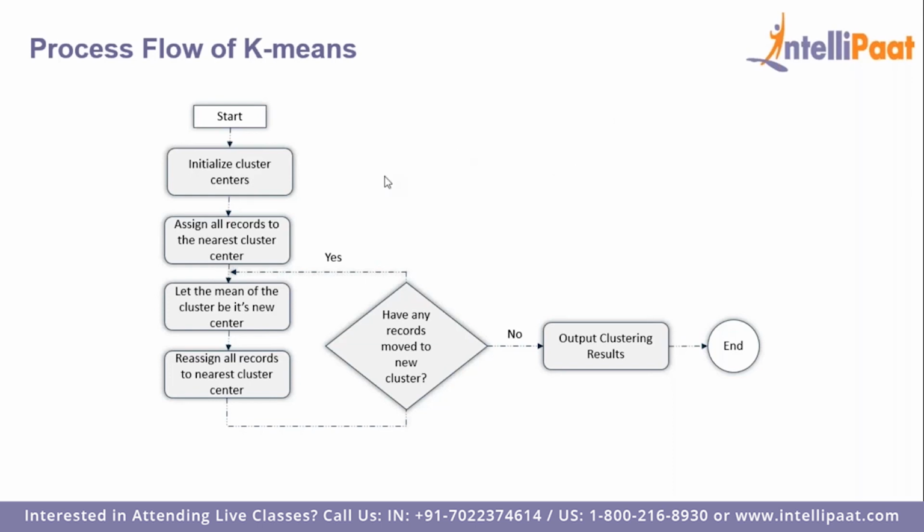And this distance measure is basically the Euclidean distance. So Euclidean distance is the distance metric which is used to calculate the distance between the data points and the cluster centers.